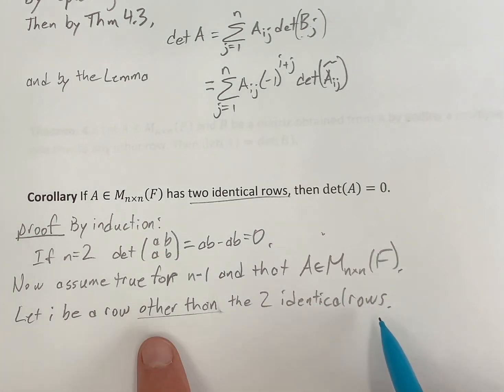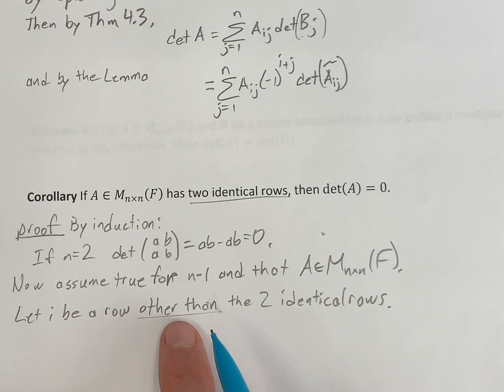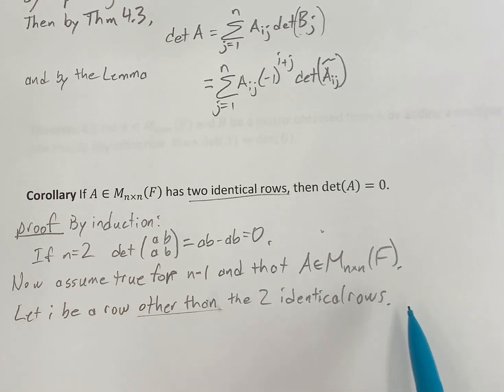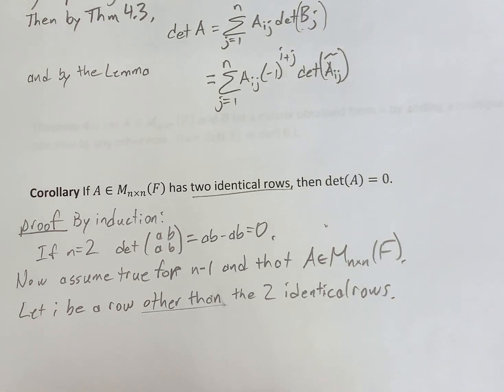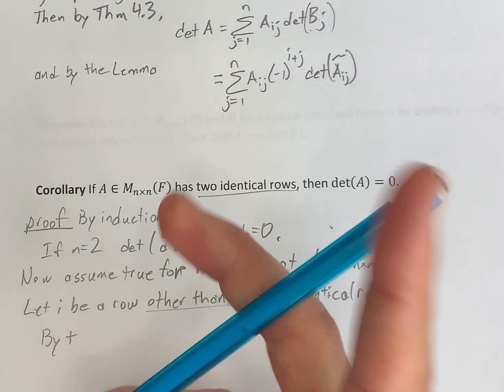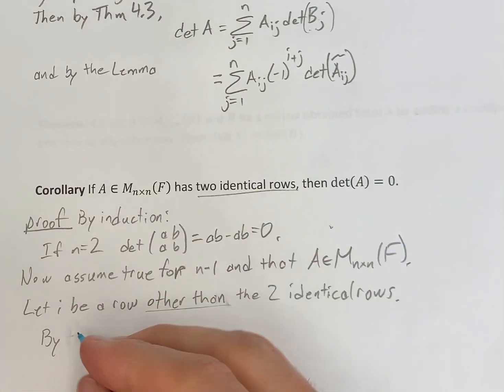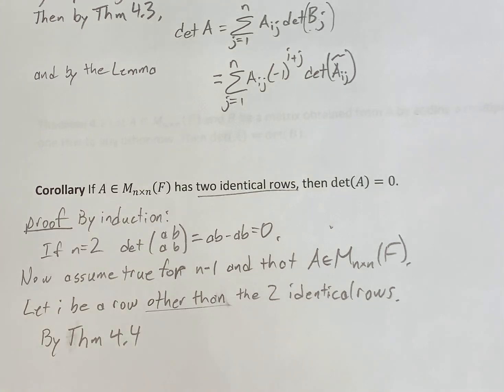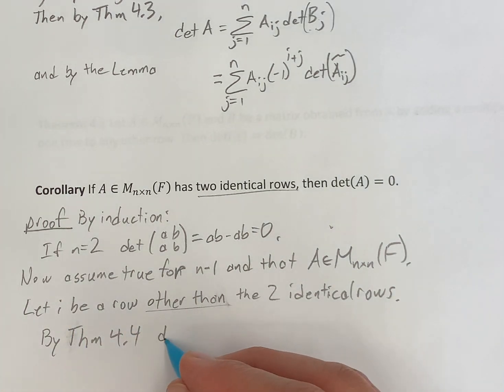Okay, let's think about a matrix that has at least 3 rows. Let's think about an expansion along a row that isn't one of the two identical rows by theorem 4.4. Well, we can just expand along row i, right?